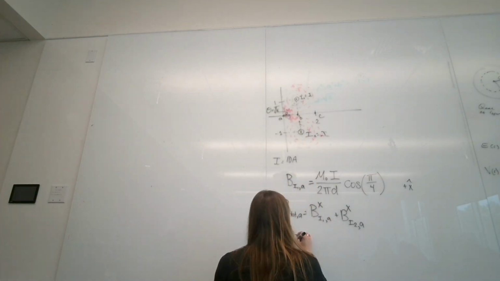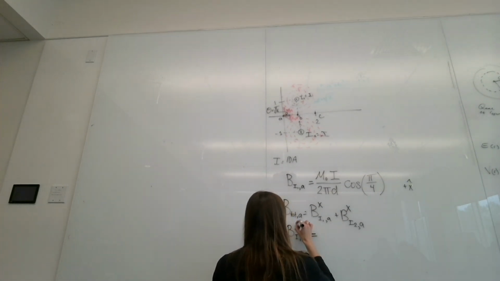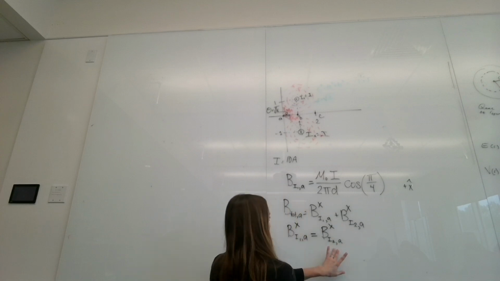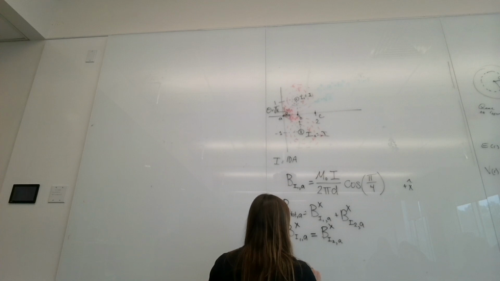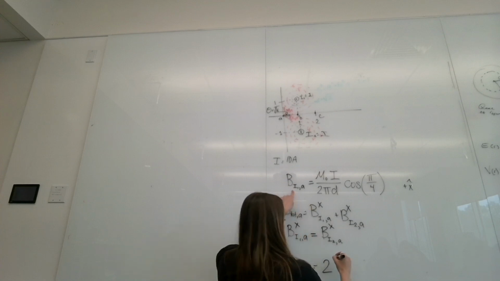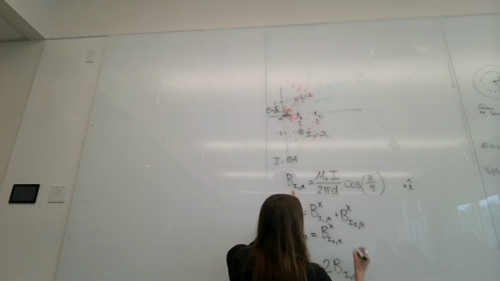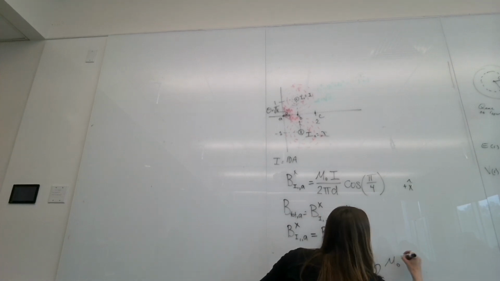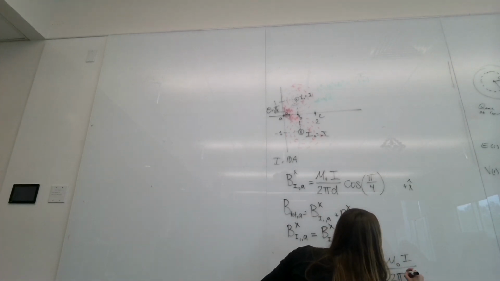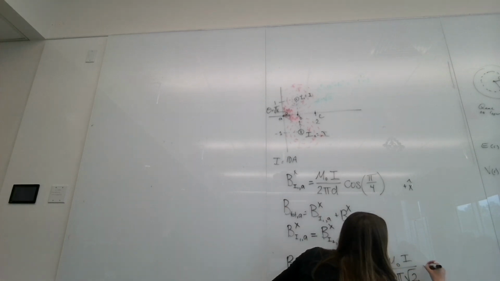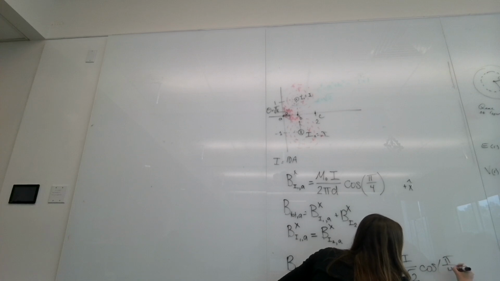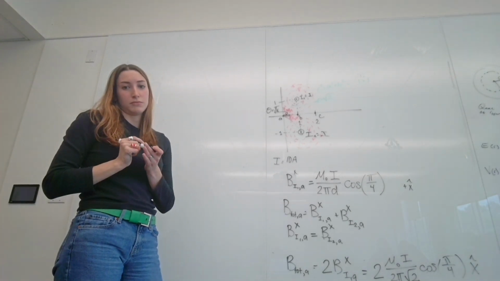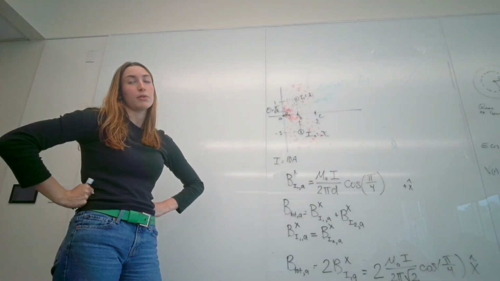I know B I1 A x component is equal to B I2 A x component, which means B total at point A is just 2 times what we found here, B I1 A in the x direction. 2 mu naught I over 2 pi d we found to be square root of 2 times cosine of pi over 4, times x hat. Okay. How do we feel about that?